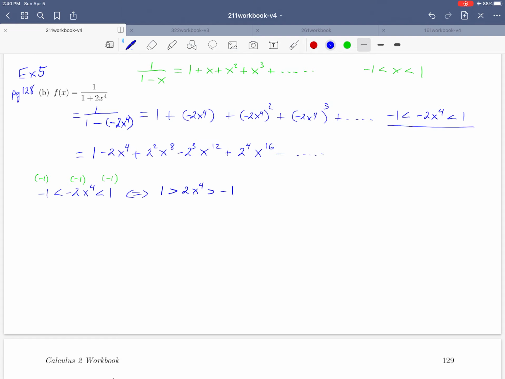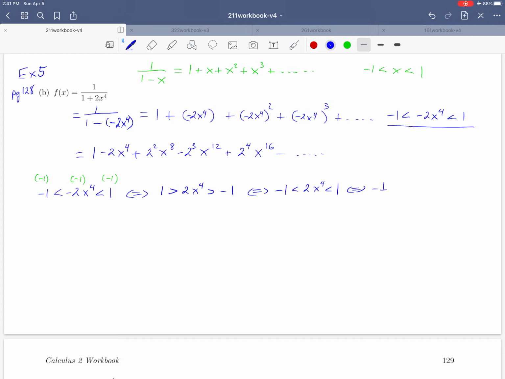Okay. All right. So, I can still write it the other way around. I would like my small numbers to be on the left just for consistency. So I have minus 1 is less than 2x to the fourth is less than 1. And now I can divide every part by 2.